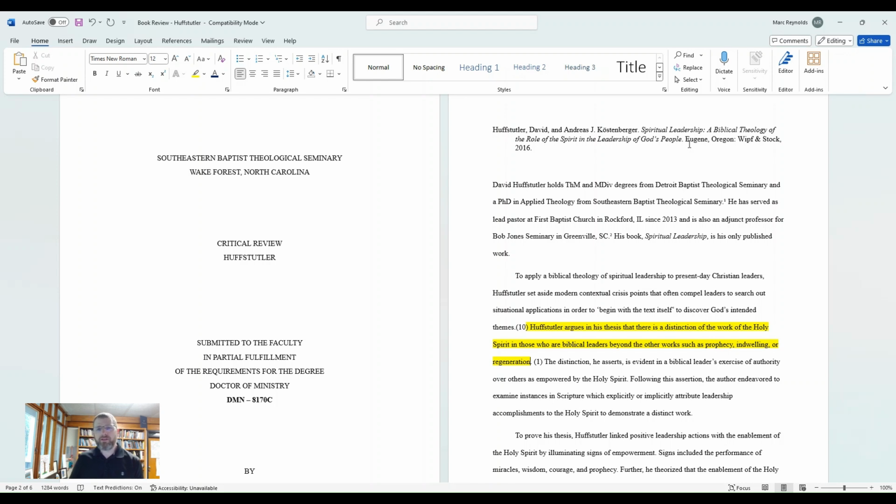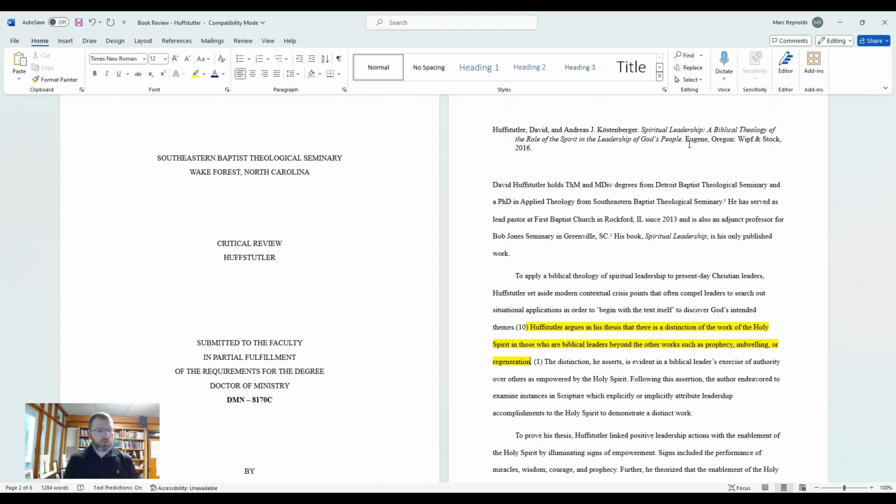You want to list appropriate things: maybe education, work experience, or research experience. Let your readers know what qualifies this person as a scholar in this area. It's also going to lead you to any biases that you may point out later in the paper, so just be aware of that.